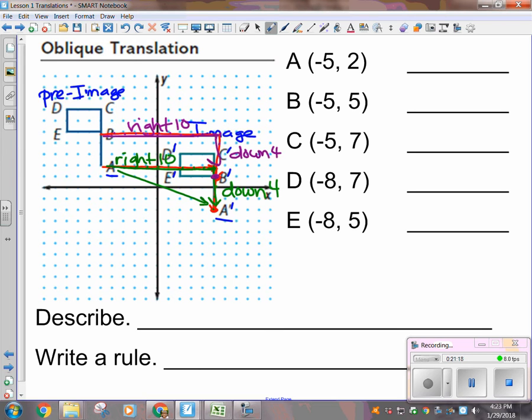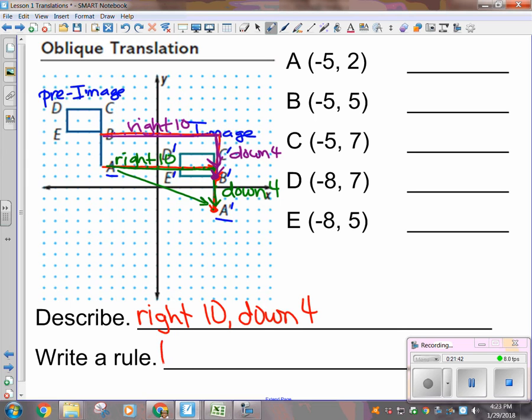Now stop right there. So I actually found that pattern with two variables. Guess what happens? They all should do the same pattern. Now, we're going to describe it in words. We've already done that. We went right 10. We went down 4.